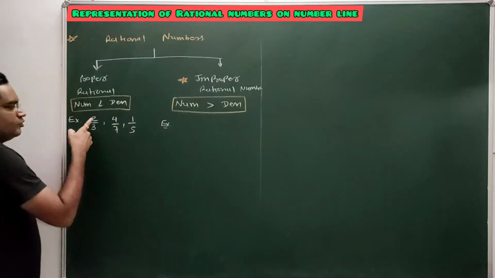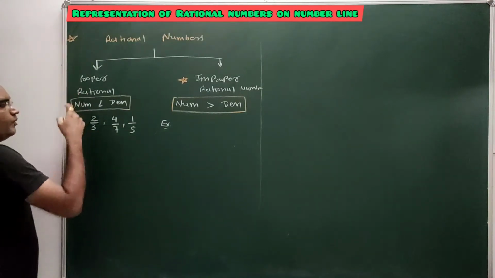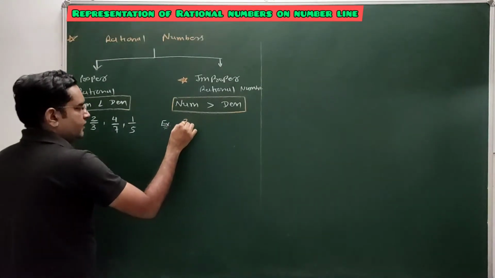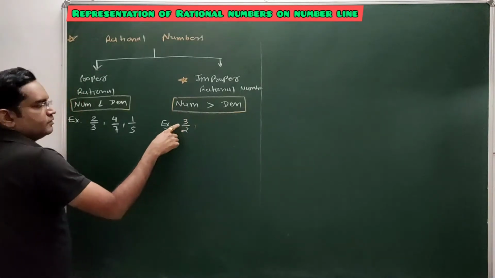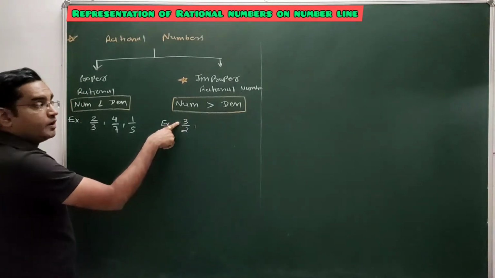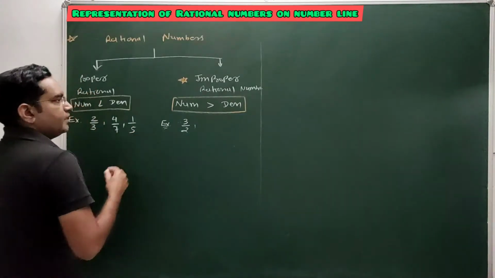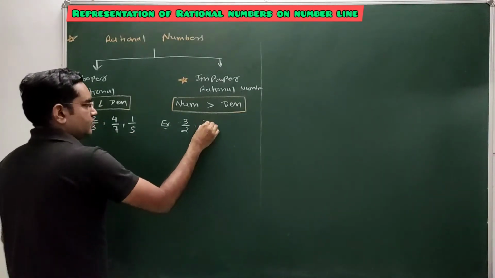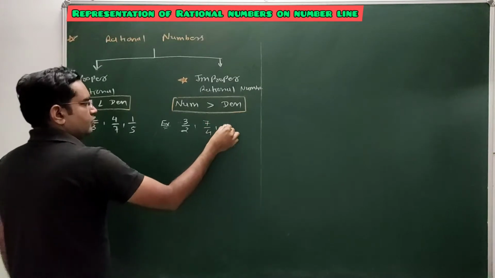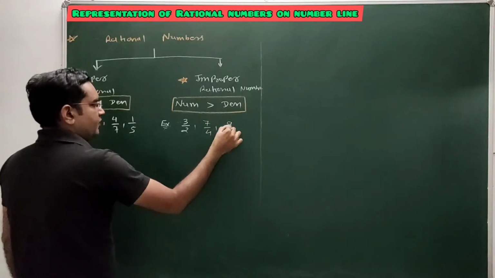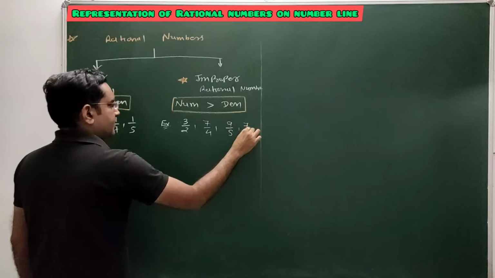Suppose 2 by 3 is there. This one is a proper rational number. If you take 3 by 2, here the numerator is greater than the denominator. So these types of rational numbers are known as improper rational numbers. Suppose 7 by 4, 9 by 5, 7 by 3.